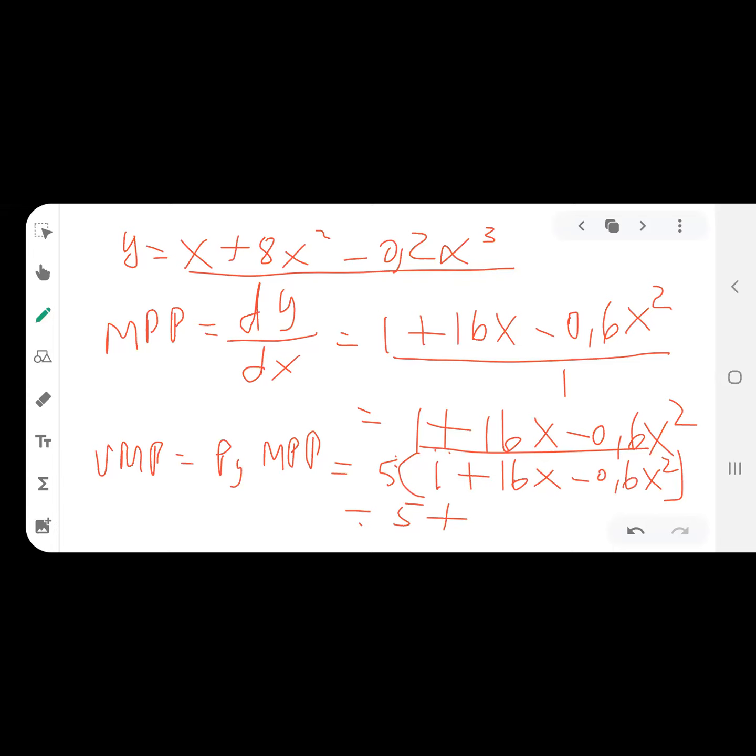It's 80x. Then 5 times 0.6 is 3, and then x squared. So this will be your VMP. Do you see that once you have the formula and you know how to work around each component of the formula, you'll be able to get the answers? Do you see that it's easy?